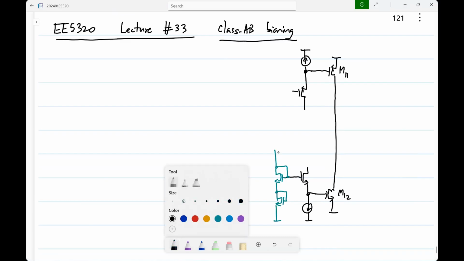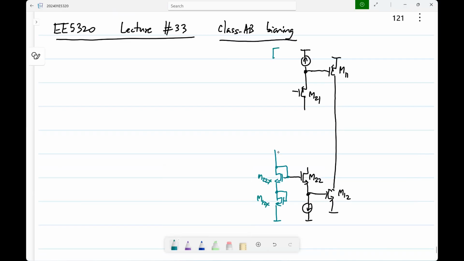Let me call this M22X, M12X, and similarly on this side, this is M21X, M11X. The corresponding devices have the same current density. They are replicas of each other. That's the idea. I hope you understand what I mean by current density.